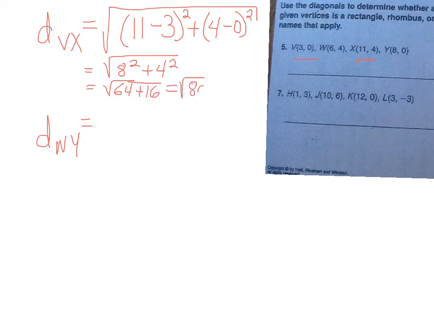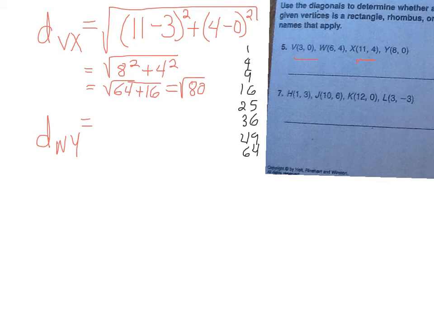But then 80, we can simplify that with the perfect square numbers, 1, 4, 9, 16. What number goes into 80? 9 doesn't go evenly. 8? There's no 8 on the perfect squares. 64 doesn't go evenly. I'm thinking something else.